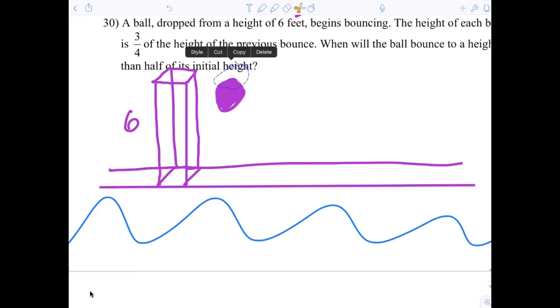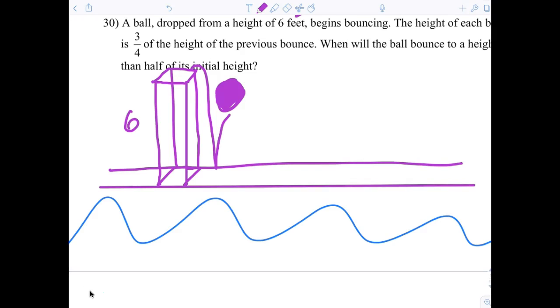All right, so how high is it now? Ian, are you listening? I don't think you are. How high? 3/4 of what? 3/4 of 6 feet. Beautiful. Now, how do you do 3/4 of 6?